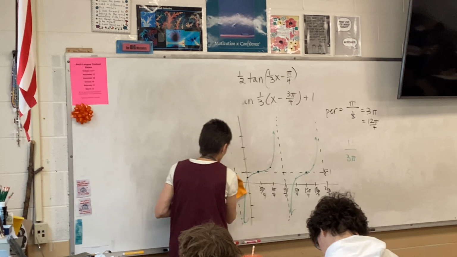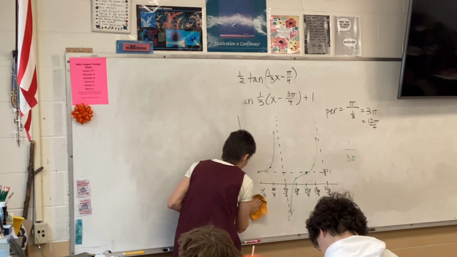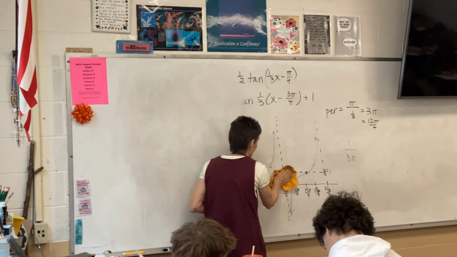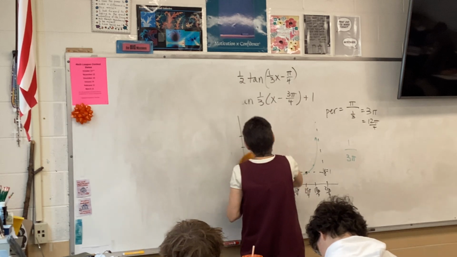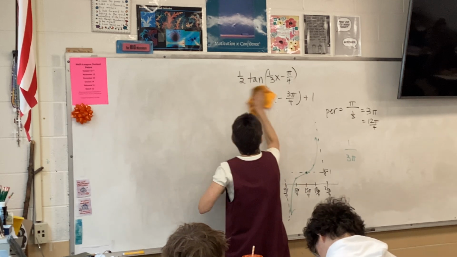Back of page 5, that's where we're starting. And then we'll do page 6, front and back. And then we should have the tangent pretty well down.